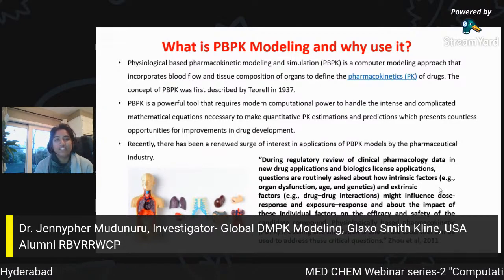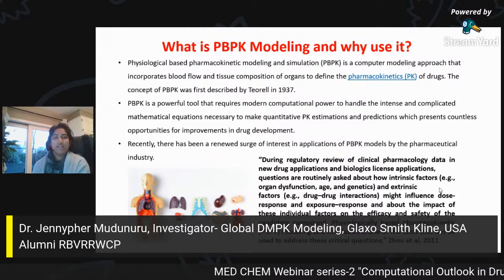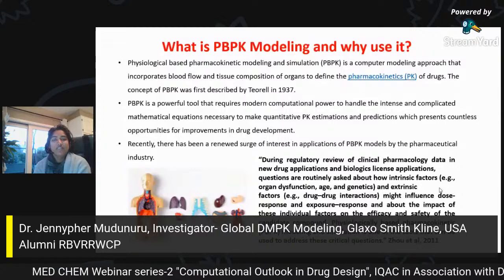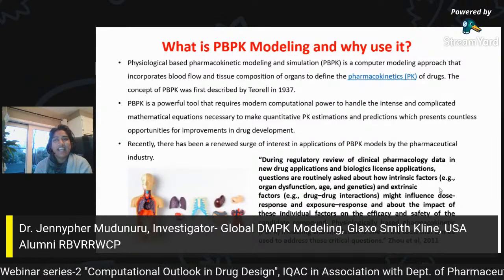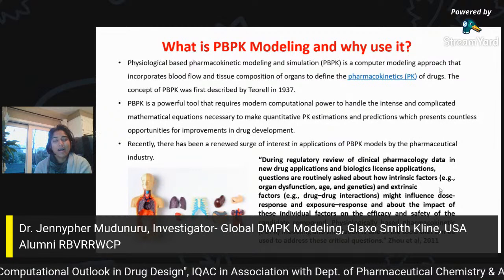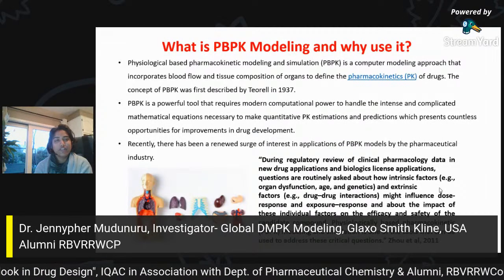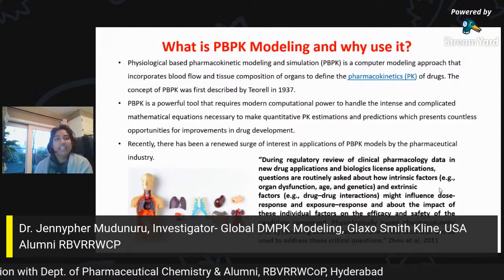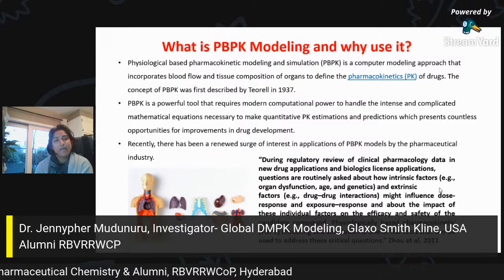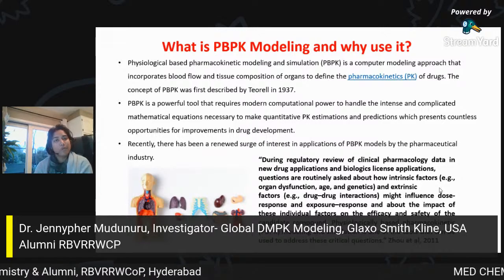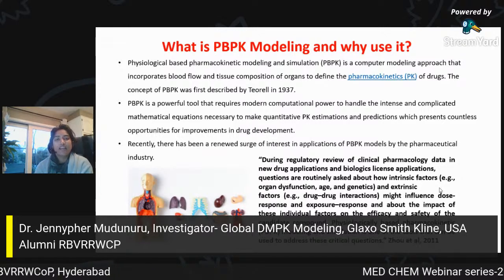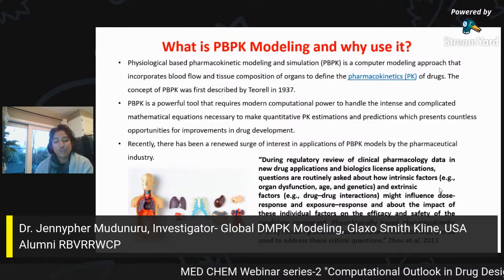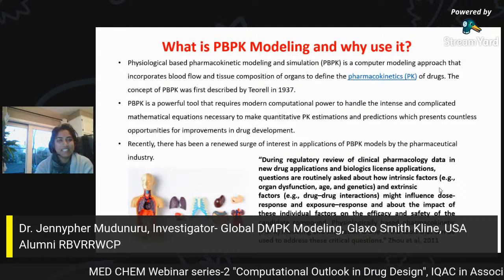That's why computational modeling has picked up such great importance in the last decade or so, with regulatory agencies like the FDA, the Food and Drug Administration for the US, and the EMA, the European Medicines Agency. They have all started asking for more PBPK as time goes by, and there is a lot of interest. So this has been a platform that was used quite a bit in recent times.